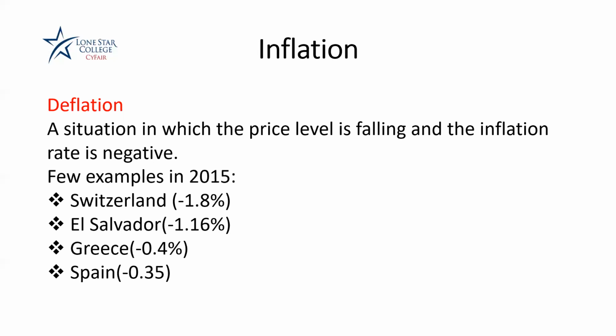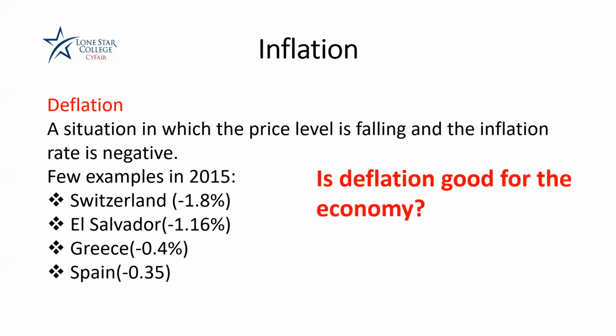And Japan actually, I can't remember, it was after 2015 that it experienced deflation. But we also had Switzerland and Spain that dealt with deflation. So we had a negative inflation rate. So everything was basically cheaper in the current year compared to the previous year, if you want to go back to the formula and check it out.